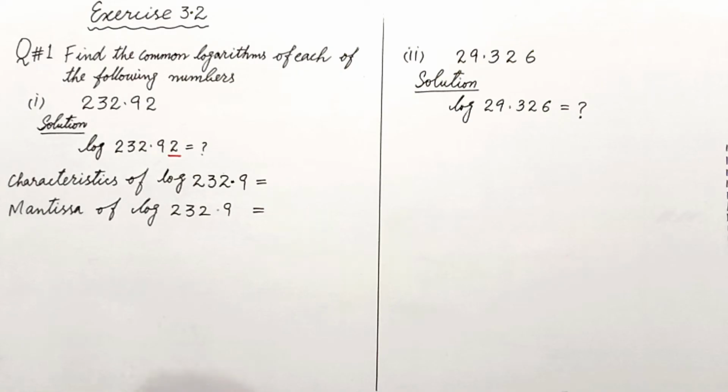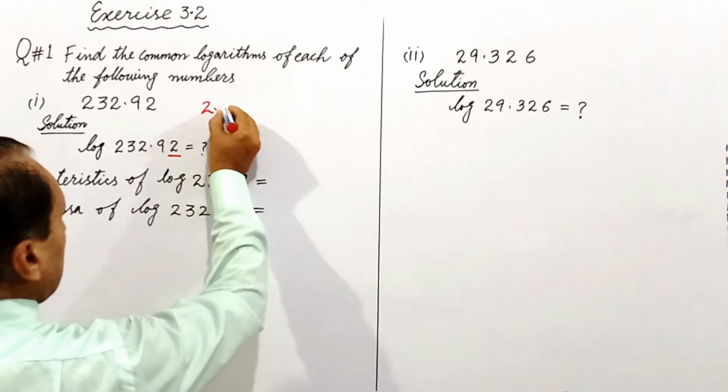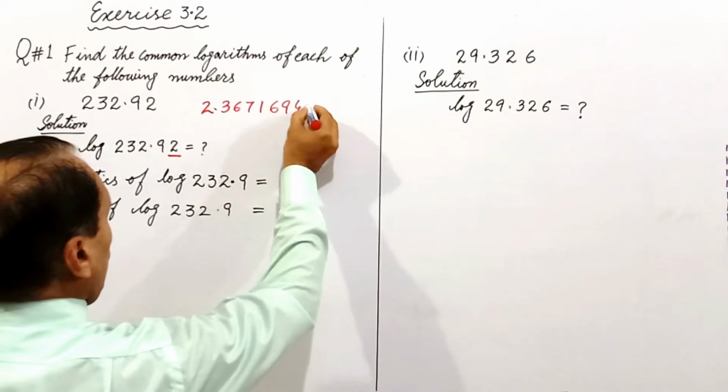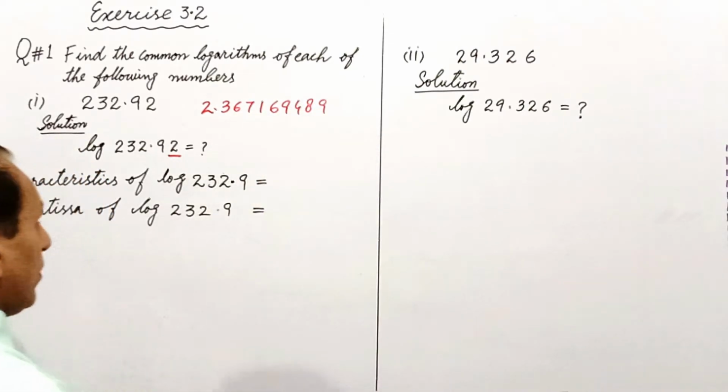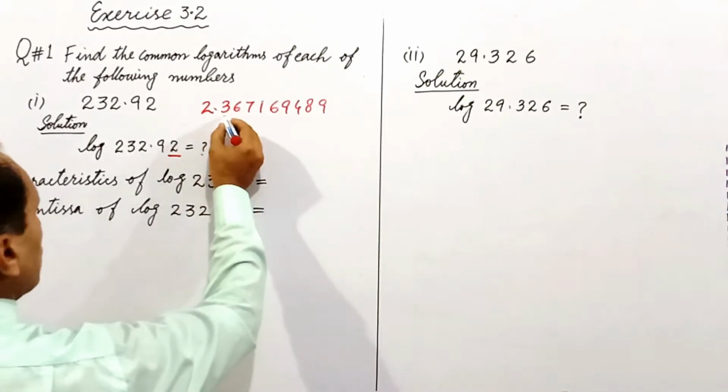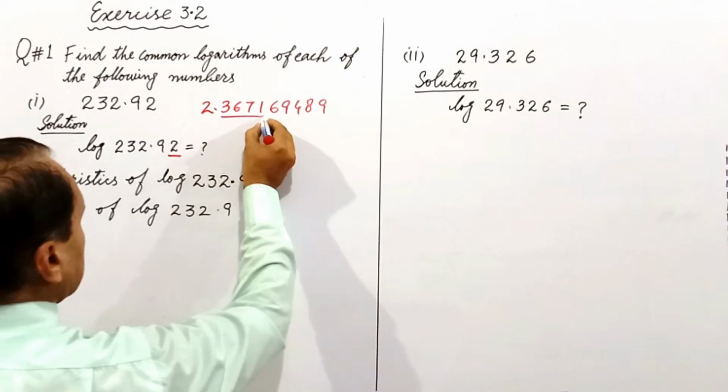We get the value of log 232.9 as 2.367169489. As our calculator displays 10 digits on its screen, but according to the tables of logarithm, we have to restrict our values up to 4 decimal places.